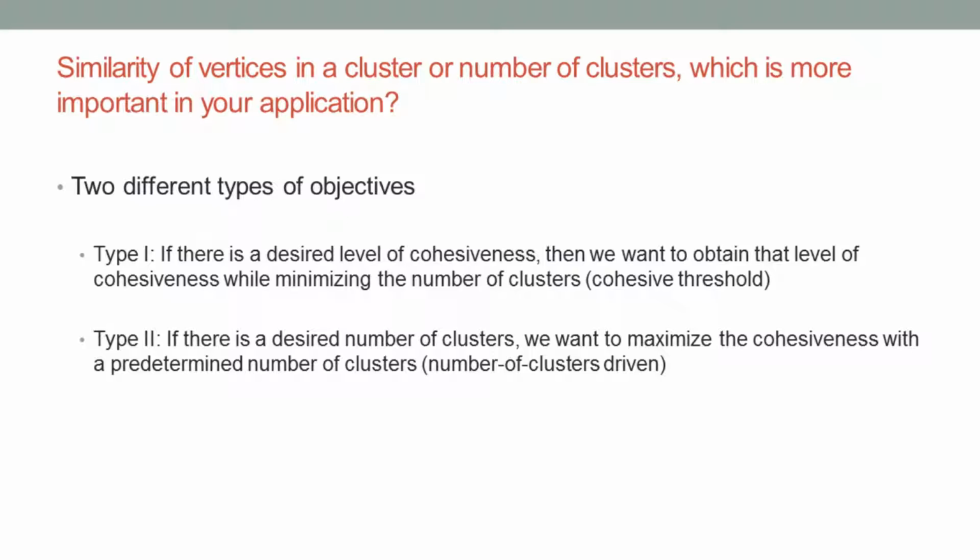Is that our primary objective, to maintain a level of density within each cluster? Or is it more important to us to restrict the number of clusters? We don't want too few, we don't want too many. So that could also be driving the clustering algorithm.